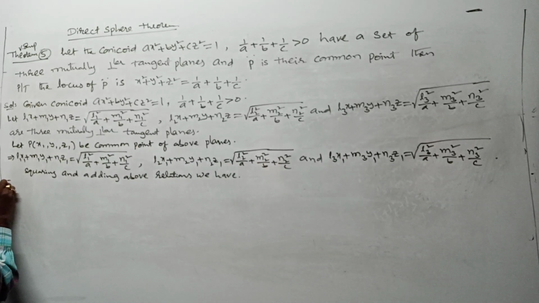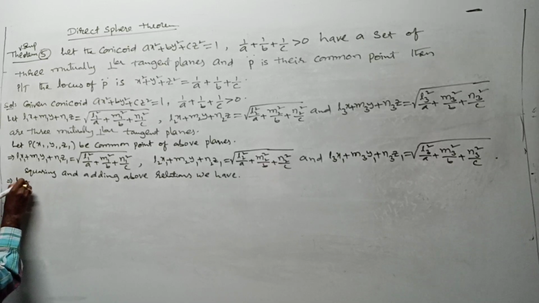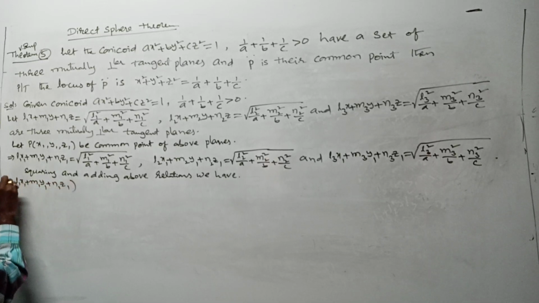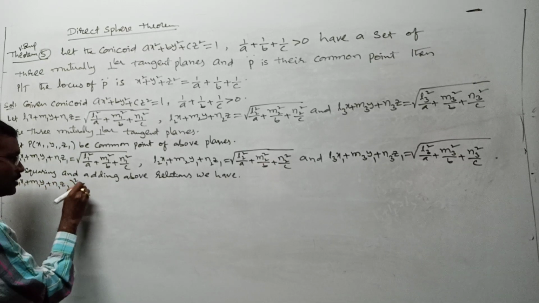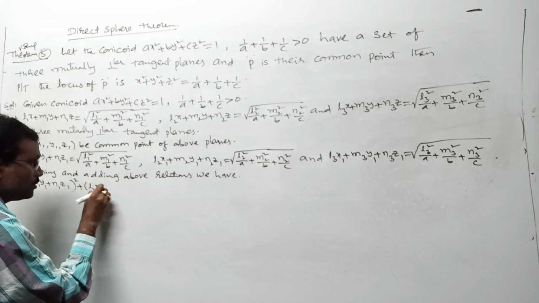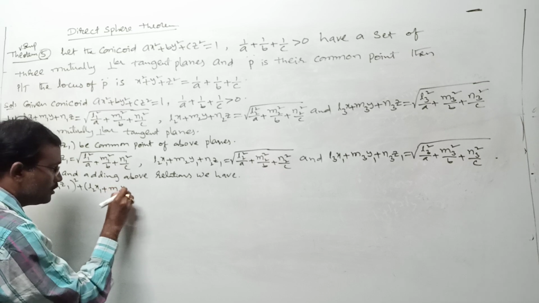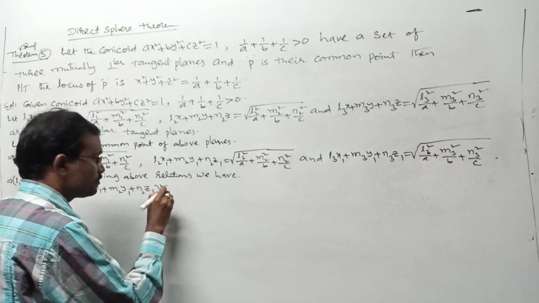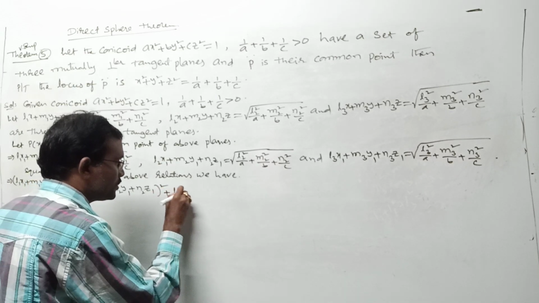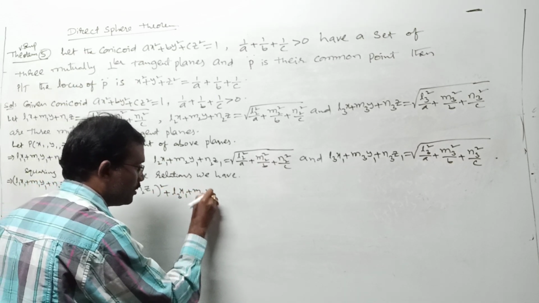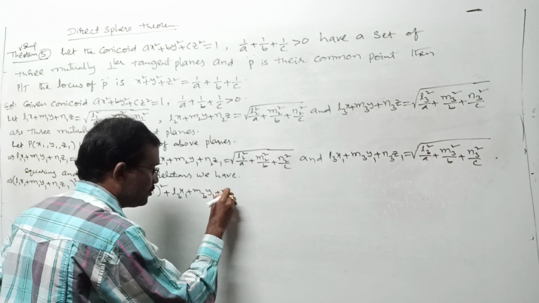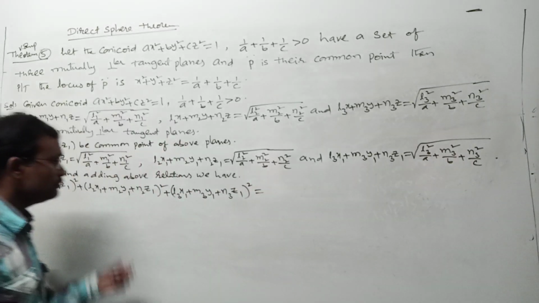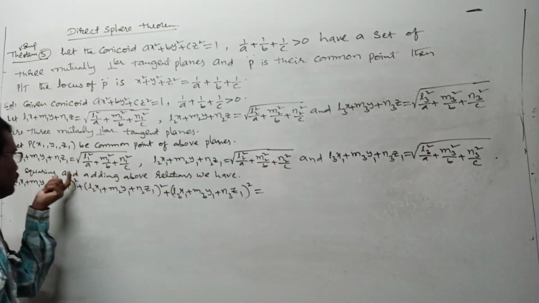I mean (L1 x1 plus M1 y1 plus N1 z1) whole square plus (L2 x1 plus M2 y1 plus N2 z1) whole square plus (L3 x1 plus M3 y1 plus N3 z1) whole square is equal to, right side also, square them and add.